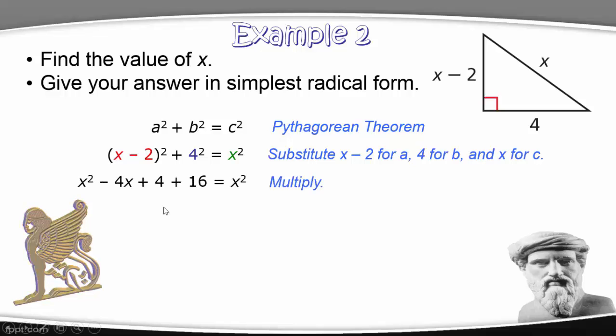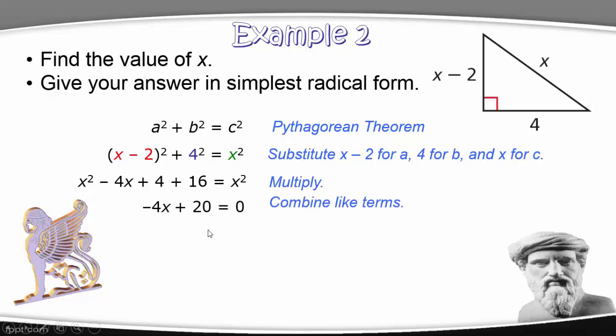So we multiply, and we find that we get x squared minus 4x plus 4 when we expand this. And then 4 squared is 16, and that's equal to x squared. But it turns out that these two x squareds cancel out, because if I bring this one over here, they cancel out when we combine the terms.